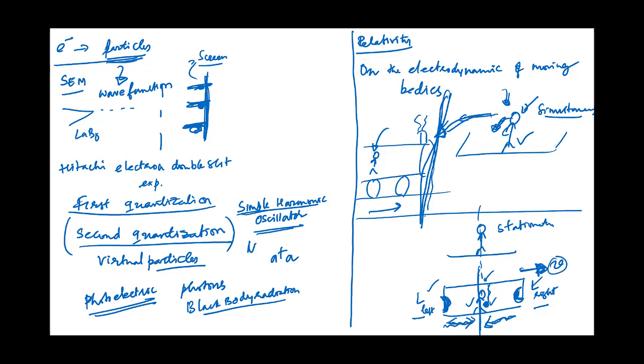Even if the car is moving, they're still at the same distance, as long as the person in the middle himself is not moving within the car. So the left and right light reach him at the same time. So they are simultaneous for him.